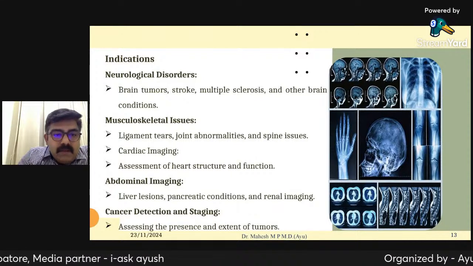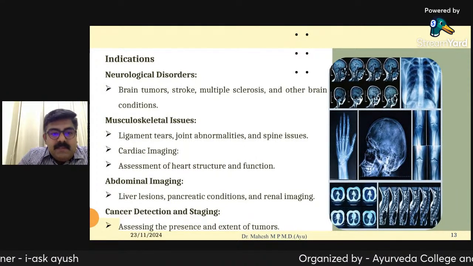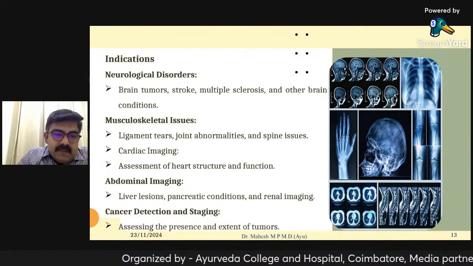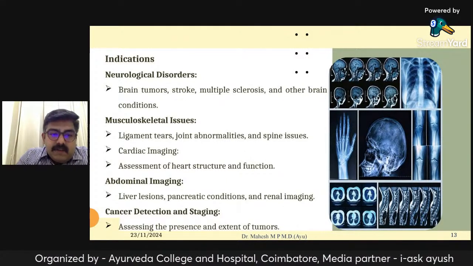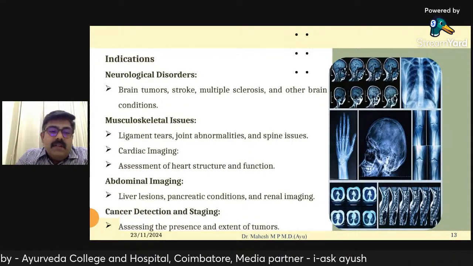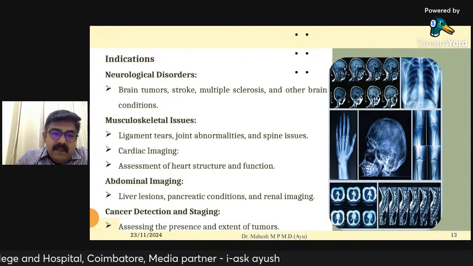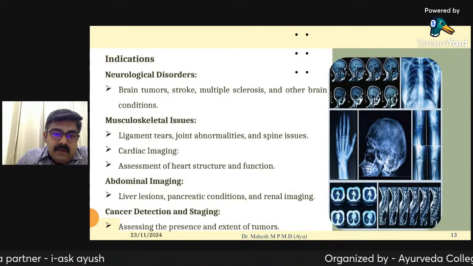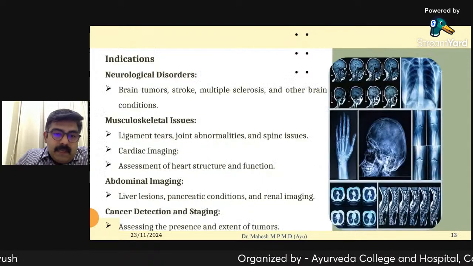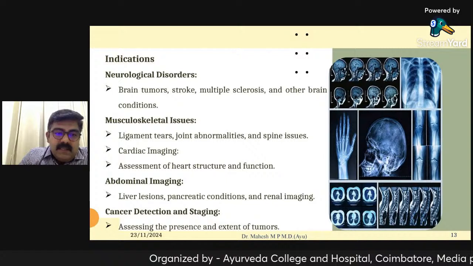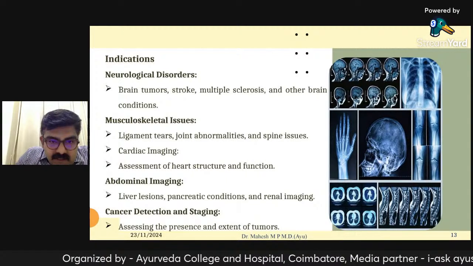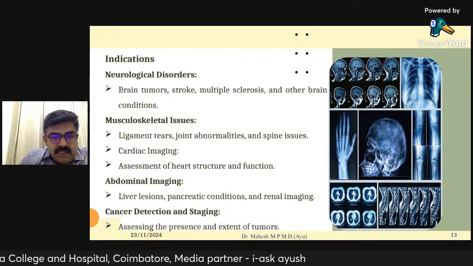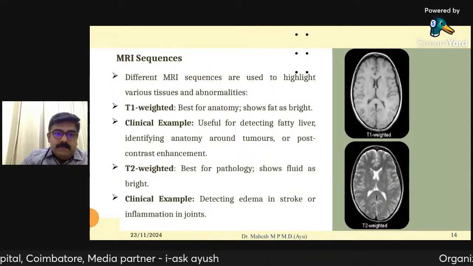Apart from that, musculoskeletal issues like ligament tears, joint abnormalities, and spine issues, or even cardiac imaging, assessment of heart structure and function, where it is very essential and more useful. And apart from that, abdominal imaging concerns like liver lesions, pancreatic conditions, renal imaging, and to some extent cancer detection and staging, where MRI is also used.